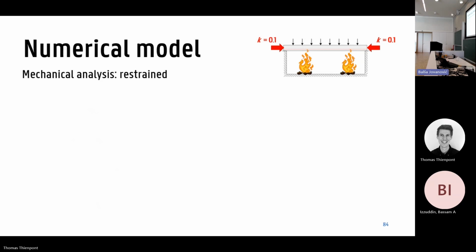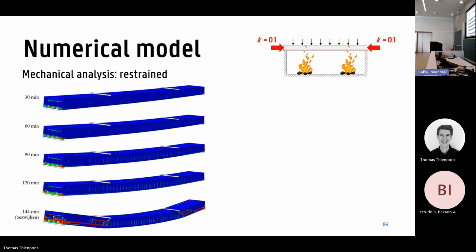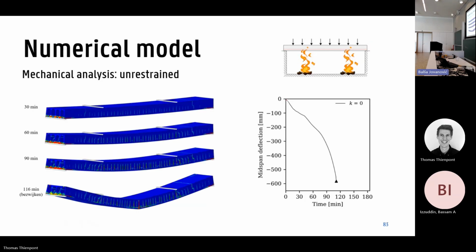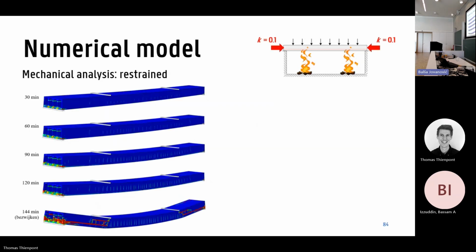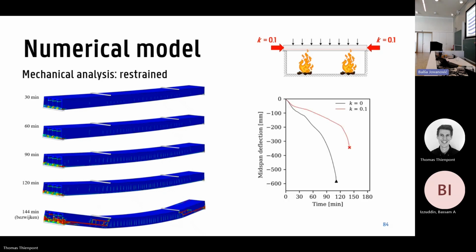Then if we do the same analysis, but we apply some restraint at the edges, we get a different result. Again, we get some deflections, but they're already much smaller. Also the mode of failure is now much different than the previous one. Remember, in the previous one we had a failure at the center because the rebars were failing, but now, because there is restraint, shear failure is appearing. And again, we see that restraints can affect the behavior of hollow core slabs also in case of fire.